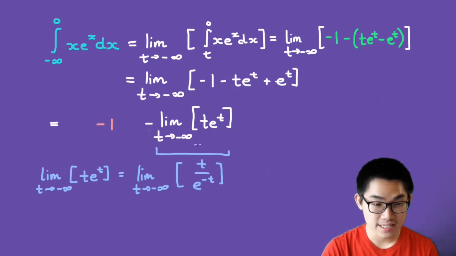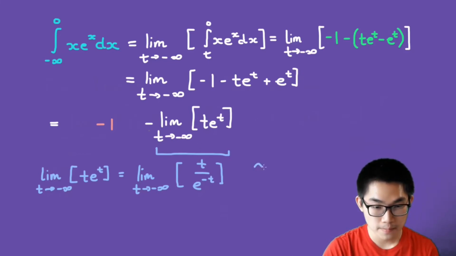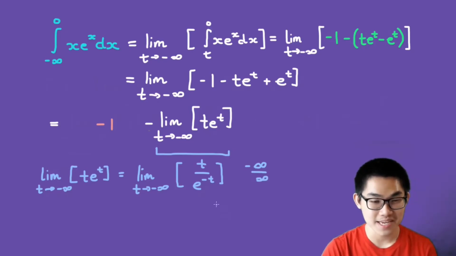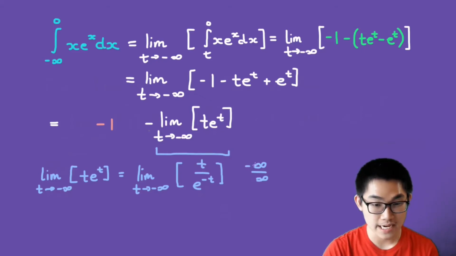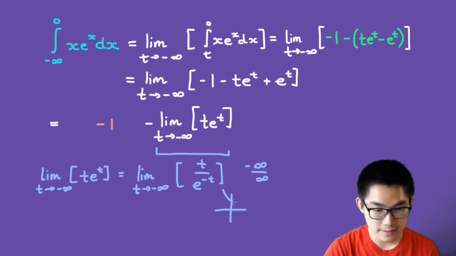Now, if you look at this, it will give you infinity over infinity. Now, why is that? Because as t approaches negative infinity, this t approaches negative infinity. And as t approaches negative infinity, this down here will be infinity, because this graph looks something like this, right?